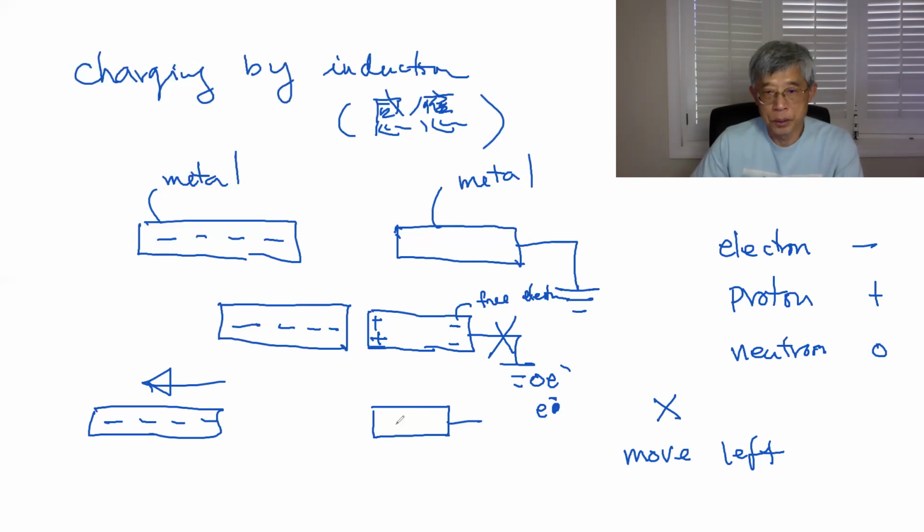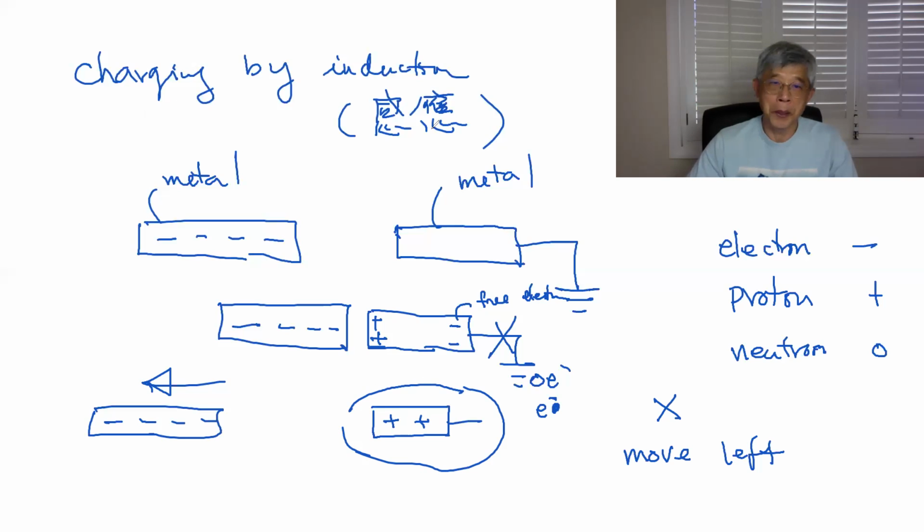So this one would be left with the positive charge, and you end up with something that's charged by induction. So this is called charging by induction. All right, that's all we have for today. We'll talk to you next time. Bye now.